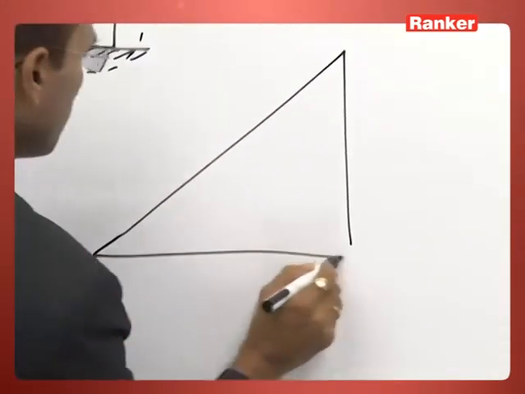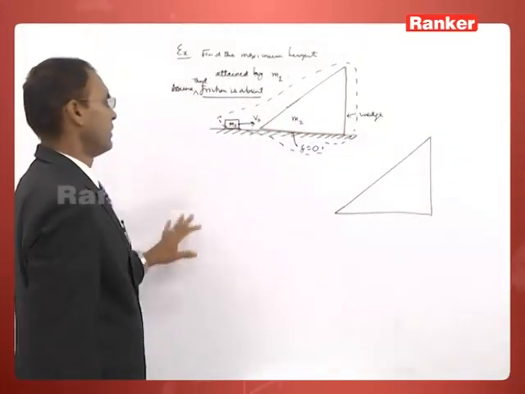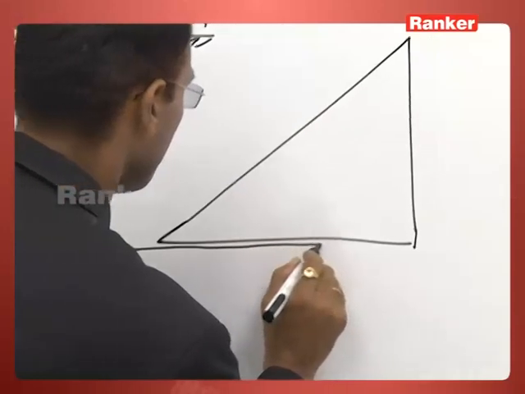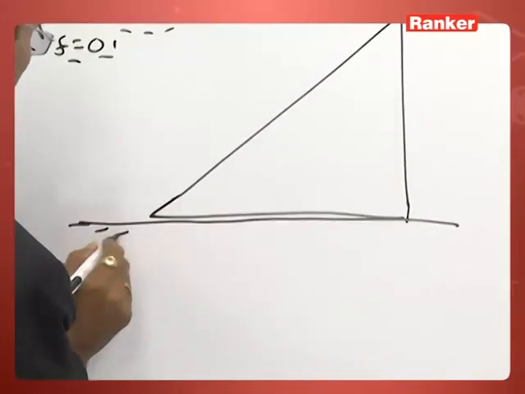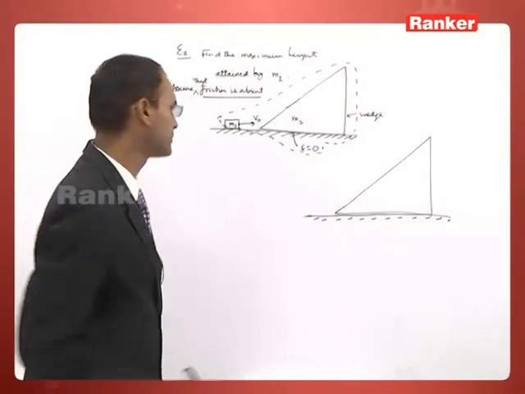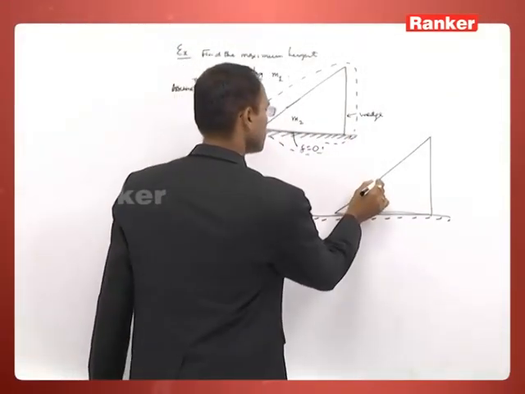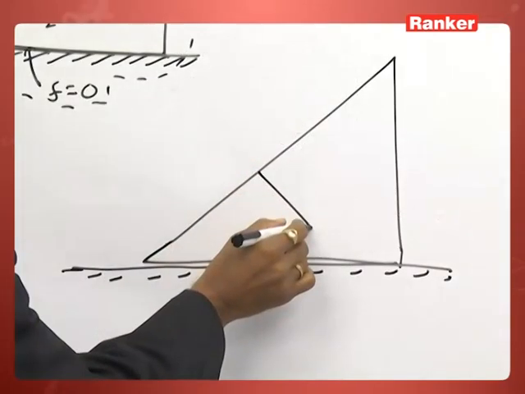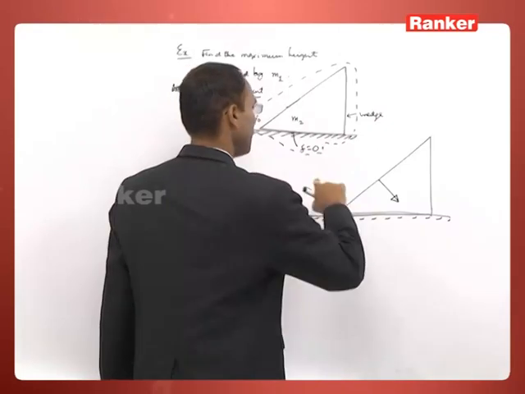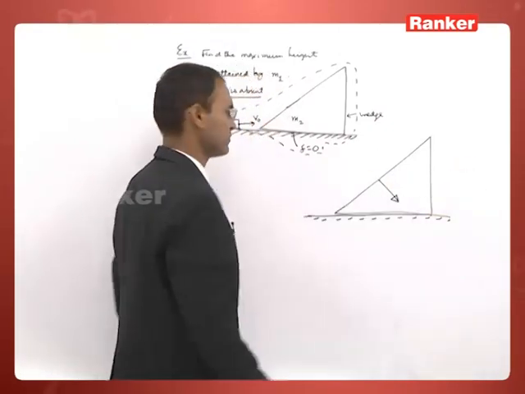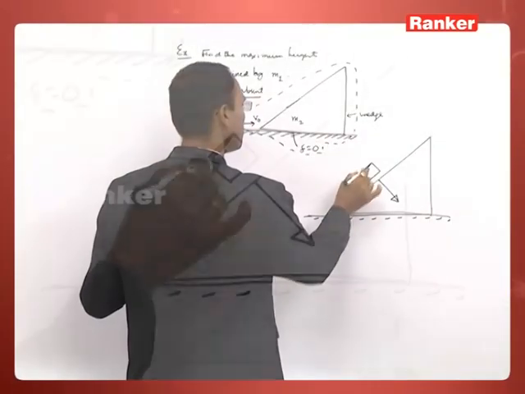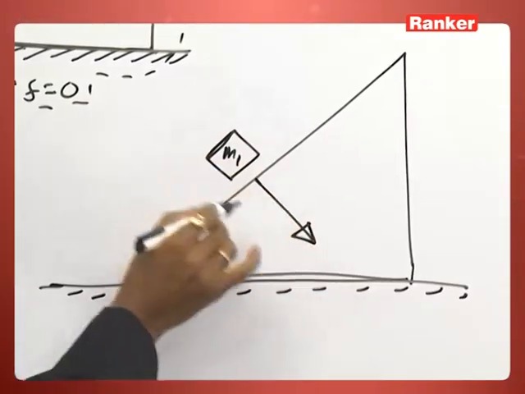Let us assume that the wedge moves towards right by experiencing a net horizontal force by the block M1.